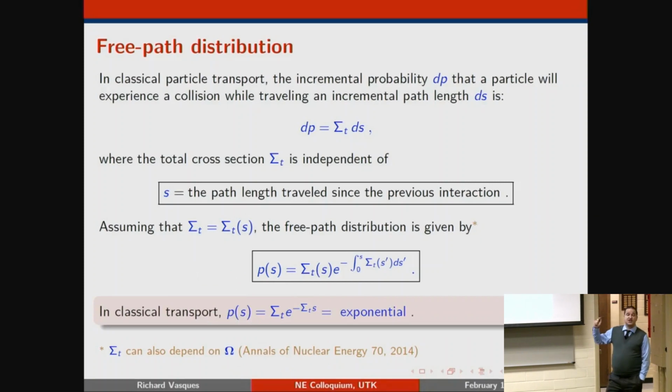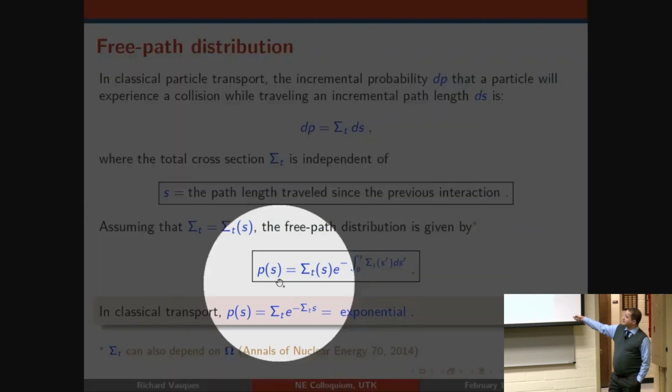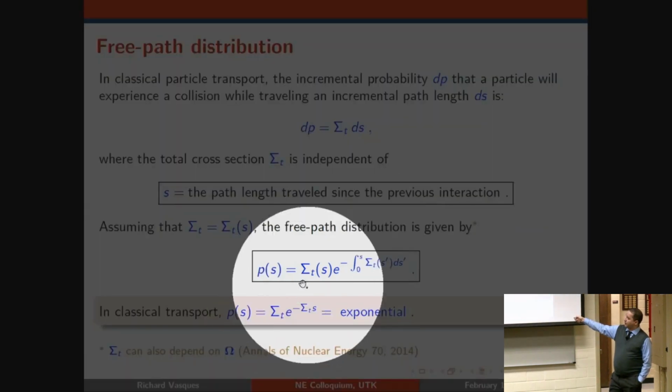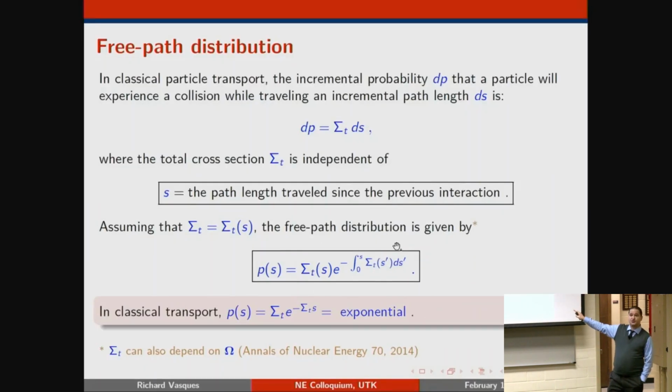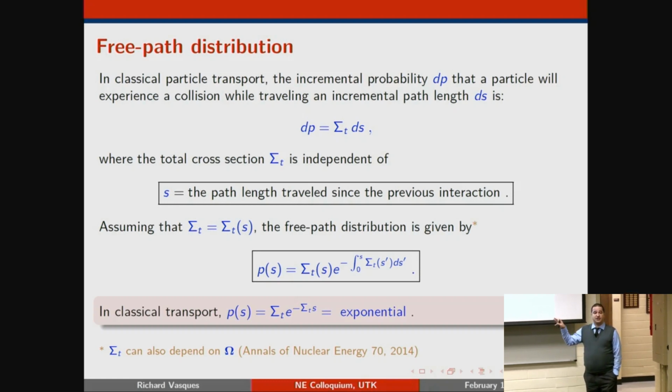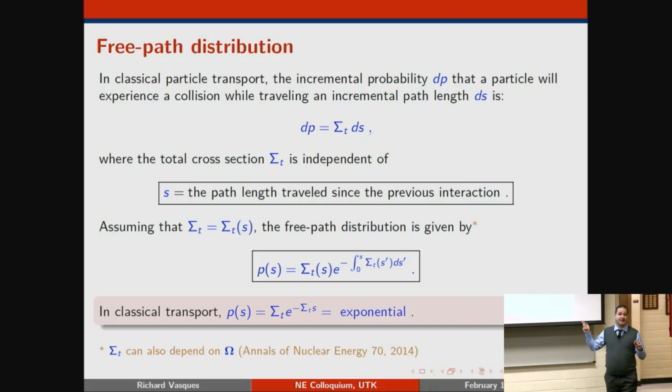If sigma t is not a function of s, you can see that this reduces to the exponential we had before. So the classical transport is a particular case of this. But in the case of non-classical transport, this PDF could be any probability distribution function. And you would be able to do a transport approach to any of these heterogeneous systems that are now homogenized in a new system that preserves that global PDF. So that's what we're looking into.